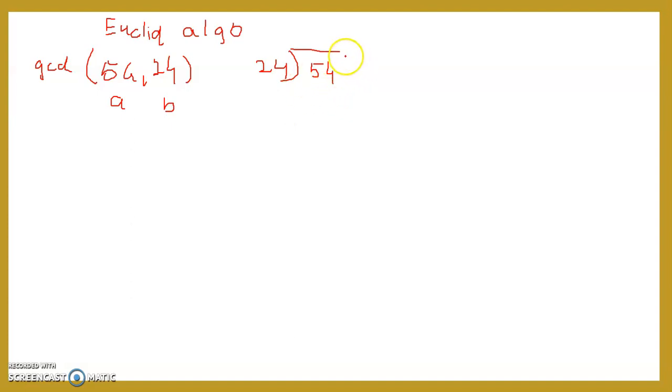So just check, 24 divides 54. How is it being divided? Here 24 2s are 48 and the remainder is 6 and the division is 2. We are not bothering about the division here. We are interested in the remainder only.